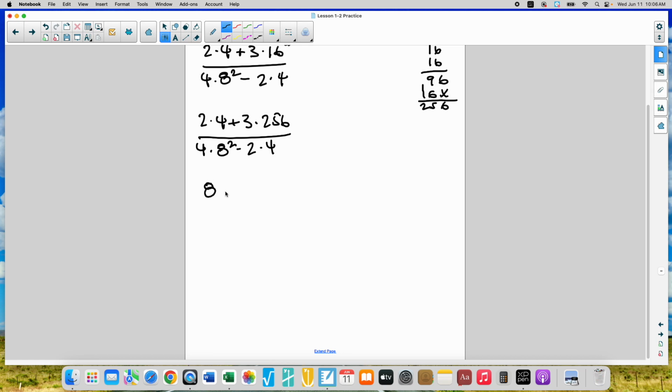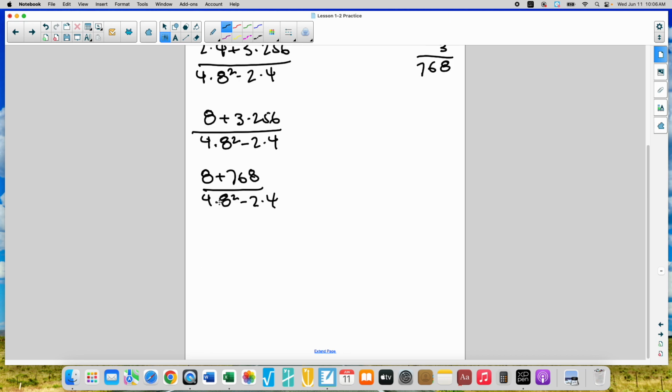That's 8 plus 3 times 256 over 4 times 8 squared minus 2 times 4. Let's do the product. We're going to multiply that by 3, which is 18, 16, 7. So 8 plus 768 over 4 times 8 squared minus 2 times 4.